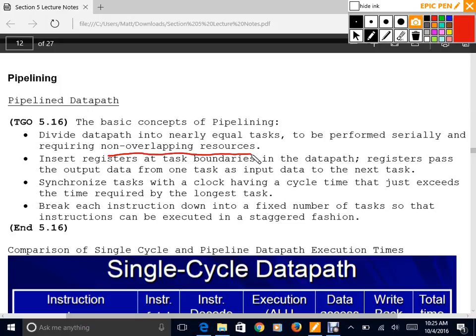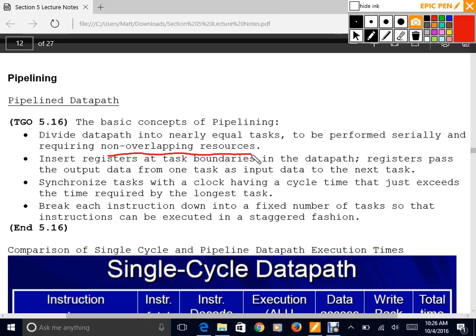You cannot use the same resource in the same cycle twice. Meaning you can't write to the register in 2 instructions simultaneously. You can't access the ALU simultaneously twice. You can't use data memory twice. These are known as hazards. Once you start doing that, then you can no longer guarantee the correct operation of the instruction. So we're going to start talking about that.